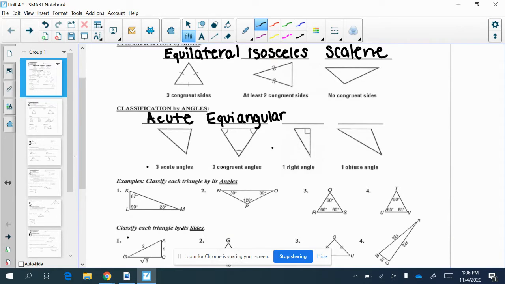If we have one right angle, which means that there's one angle with a degree measure of 90 degrees, that is what this box says, 90 degrees, that is going to be a right triangle. Or you could have one obtuse angle, and if there is one obtuse angle, that is an obtuse triangle.